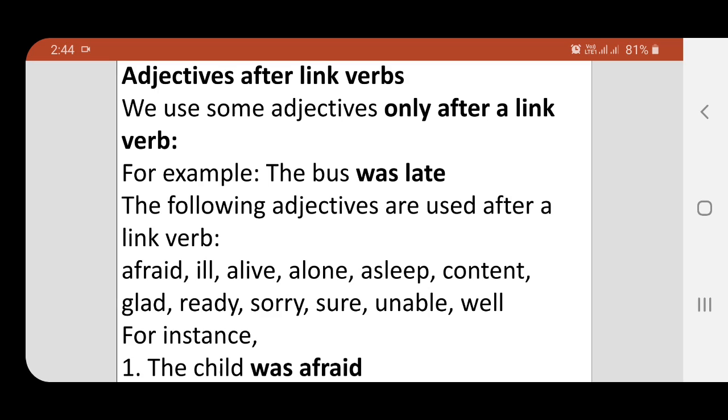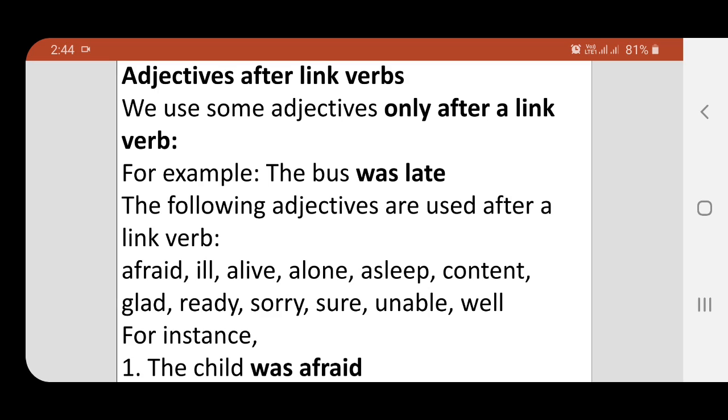Similarly, we can use the following adjectives after a link verb. Afraid is an adjective. Ill. He feels ill. Feel is a verb, a link verb. Ill is an adjective.